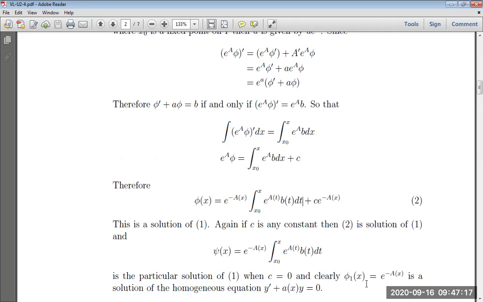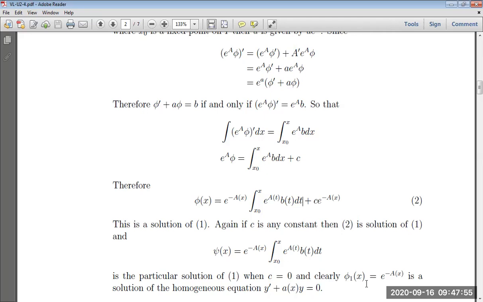So we know that the general solution of a homogeneous differential equation is the complementary function itself, and the general solution of a non-homogeneous differential equation is the sum of two solutions, of which the first solution is the particular solution and the second solution is the solution of the homogeneous differential equation, which we call the complementary function.